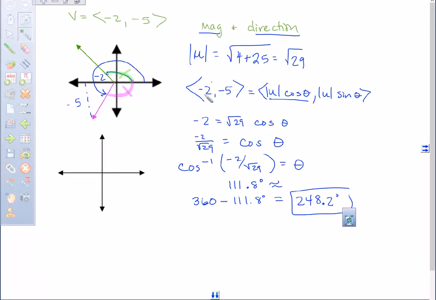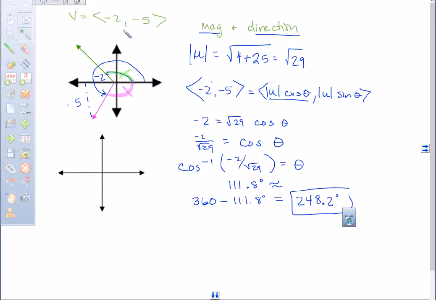So we know that -2, -5 is equal to the magnitude times cosine. So we set this up, -2 equals the magnitude times cosine theta. We could have also done the same thing with sine here, but chose cosine. So cosine of theta is equal to -2 over root 29. So inverse cosine gives us theta.